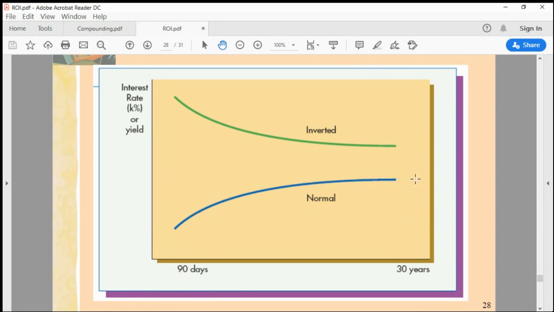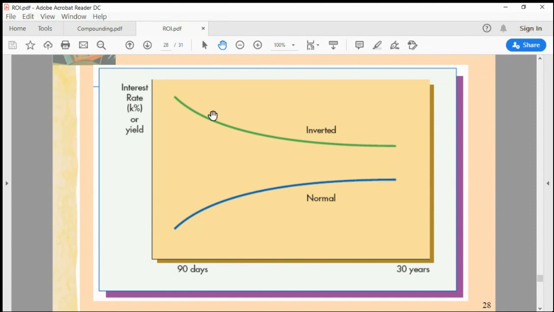So this is the normal case, right? In a normal economy, short-term yields are lower than long-term yields, and the yield curve will be upward sloping, right?